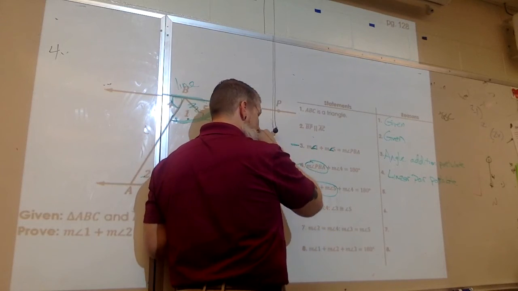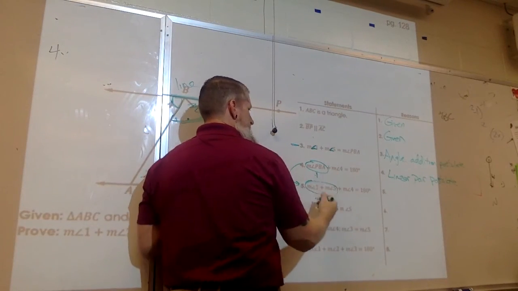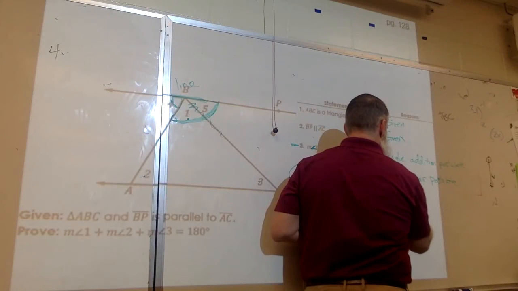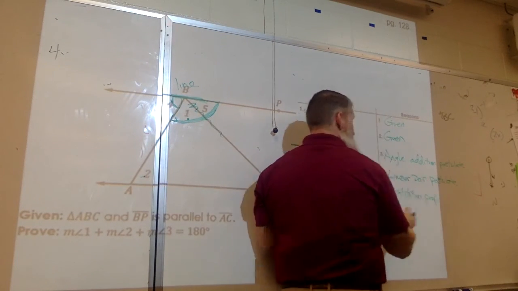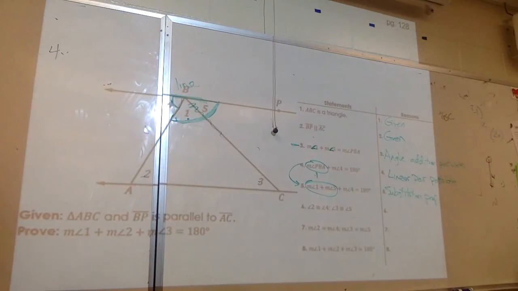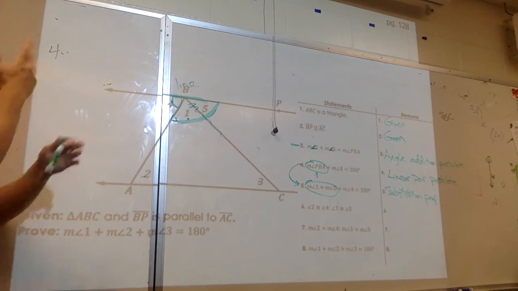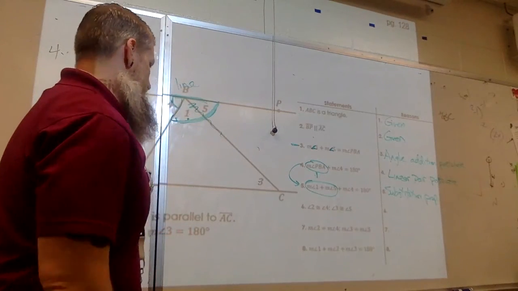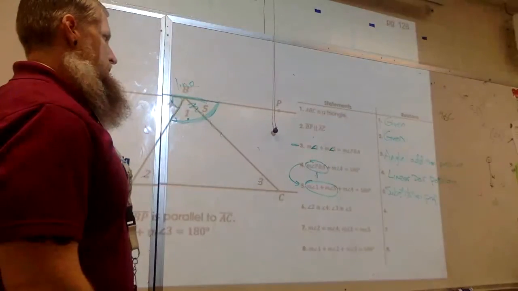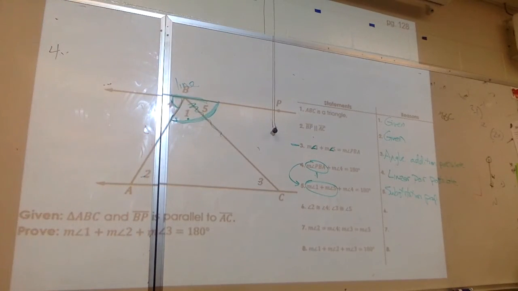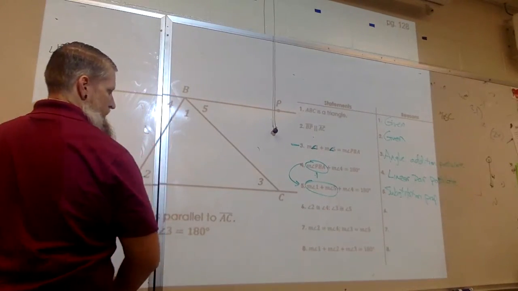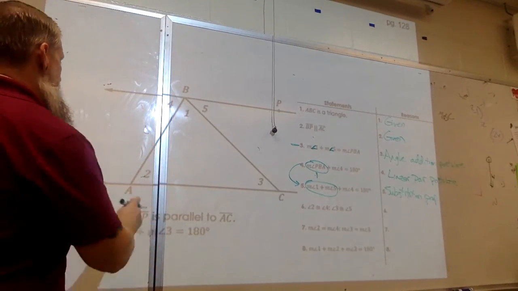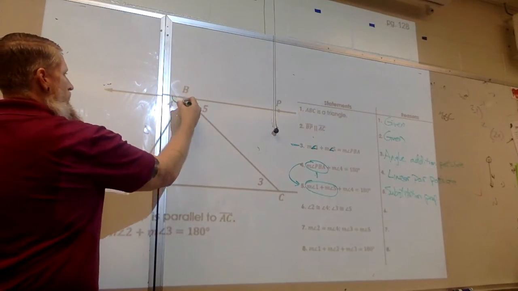But up here, since I said they're equal to each other, I'm allowed to switch those in and out. That's called substitution property. If you have two things equal, and you flip-flop them in and out, it's always substitution property. You can do it forever. Interchange them as much as you want.